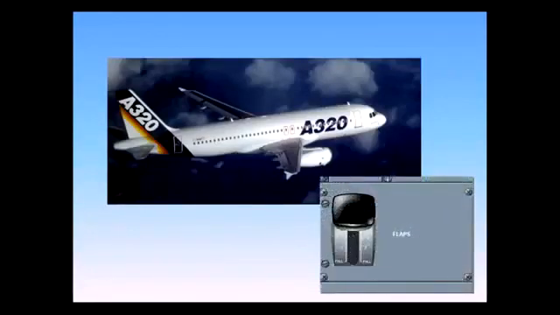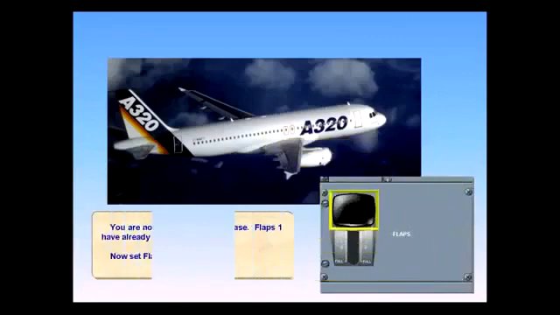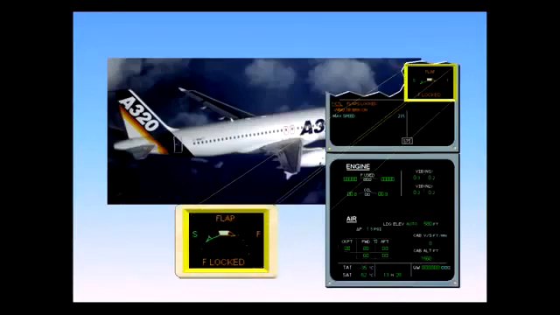You are now in the approach phase. Flaps 1 have already been extended. Now set flaps 2. Notice on the EWD that flap F and the flap triangle have turned amber, indicating that we have a flap fault.